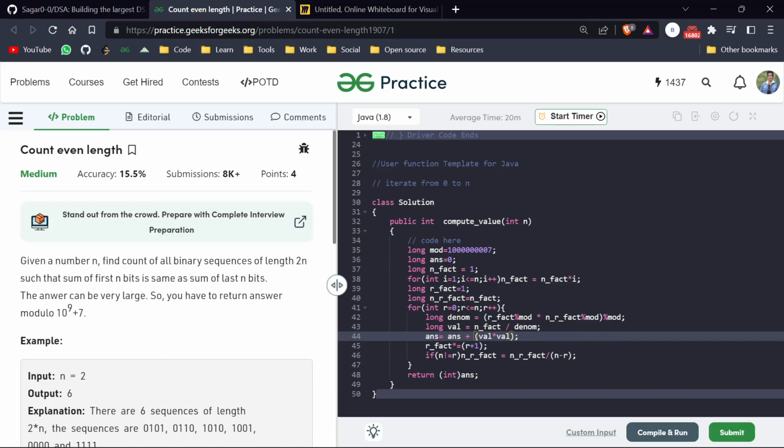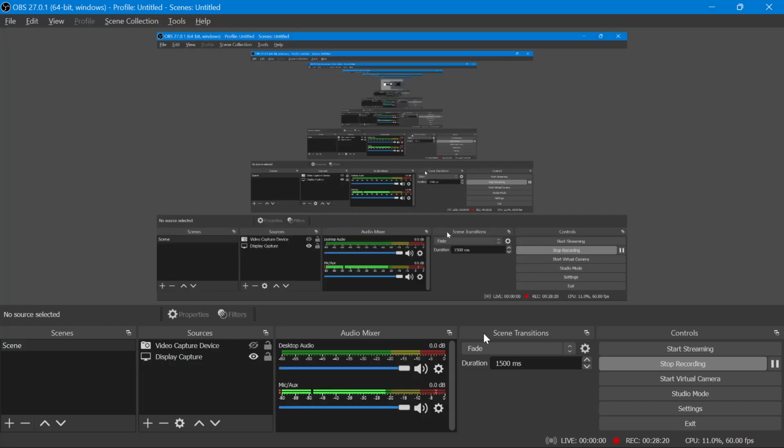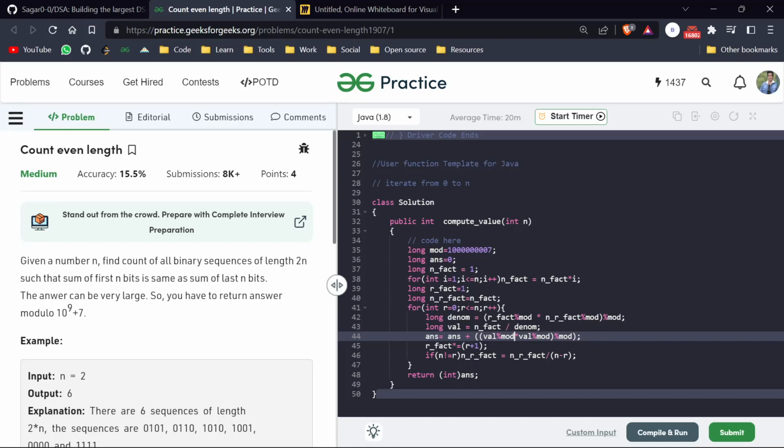So first of all, when we are multiplying them, so mod, and here mod of this single value, again here mod. Here we are first modding this value, then multiplying it with this mod, and mod of this whole thing, and then we have to mod this answer, and again mod this thing, and then bracket close.